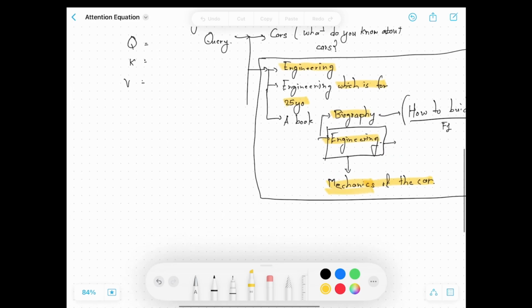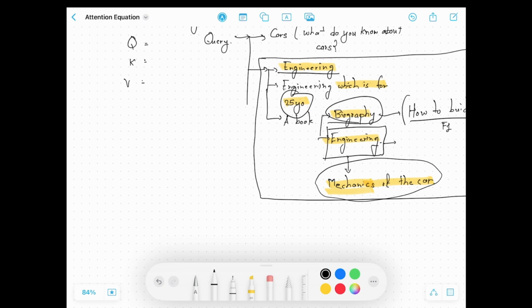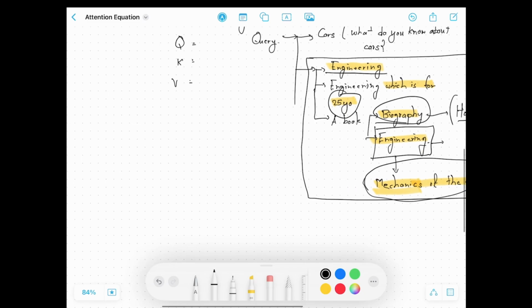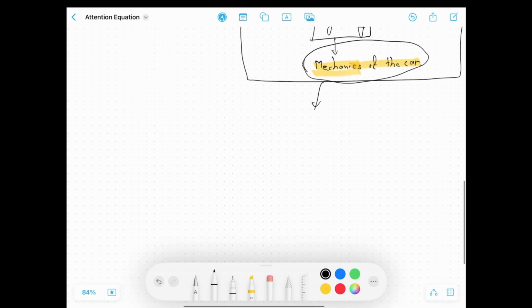So all these things which I'm highlighting here, the engineering, the age group, the biography or non-biography, then the mechanics of that, these are what we can call keywords, right? These are the keywords which he will be pointing at, and he will be looking for these keywords.